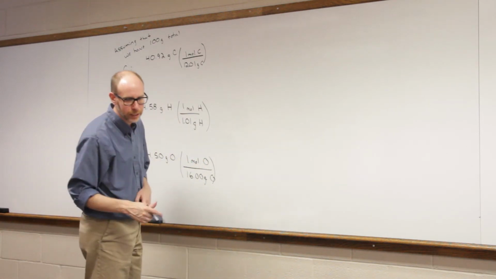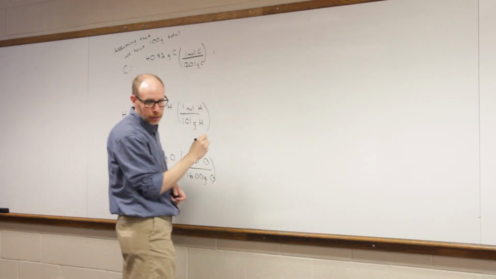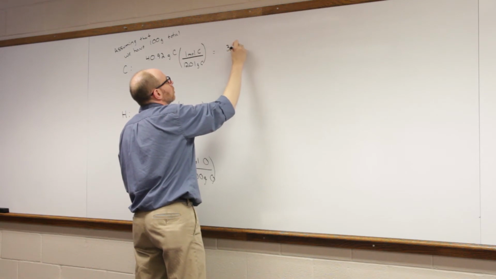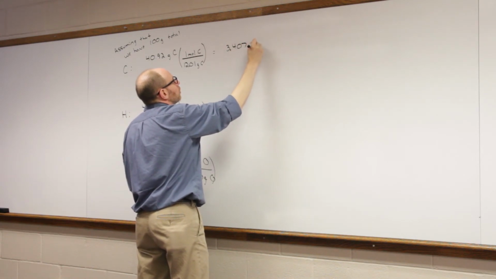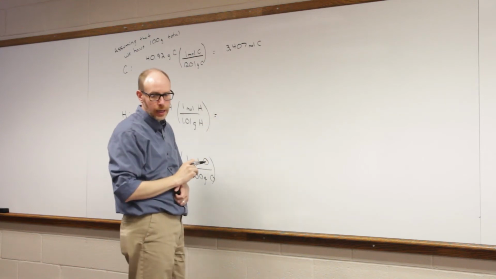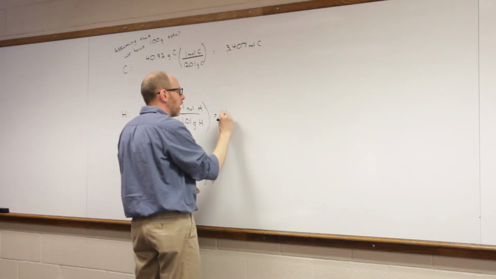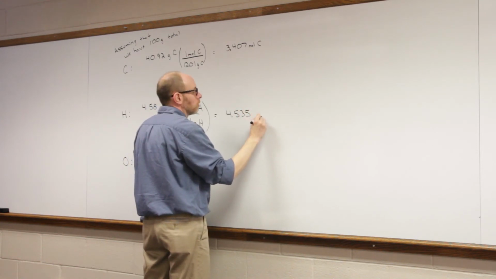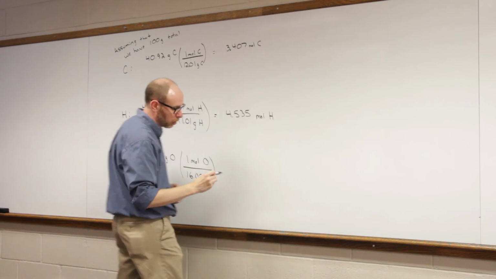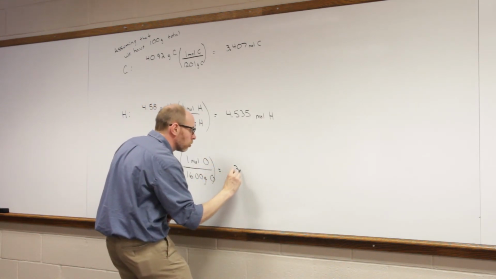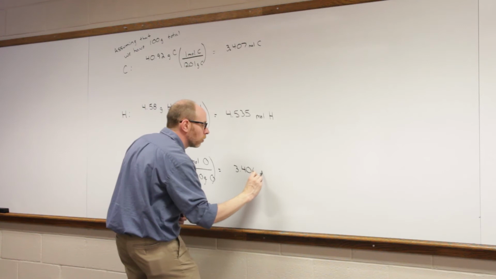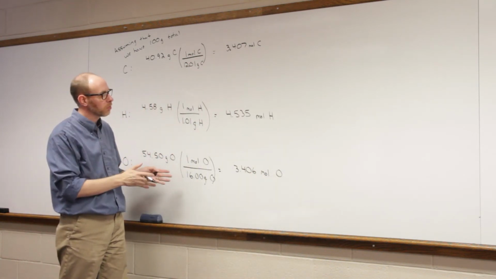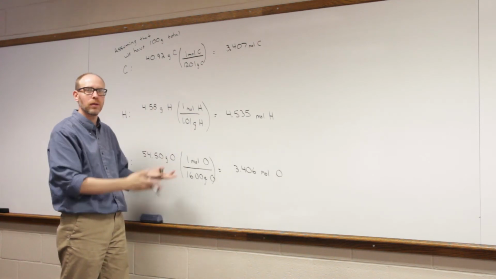So to do that, I'm going to go through and calculate, and I get 3.407 moles of carbon, and I end up with 4.535 moles of hydrogen, and end up with 3.406 moles of oxygen. Now I want the simplest whole number ratio between the moles of elements in the compound.